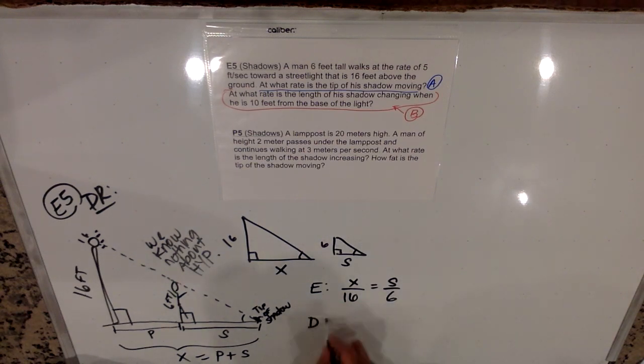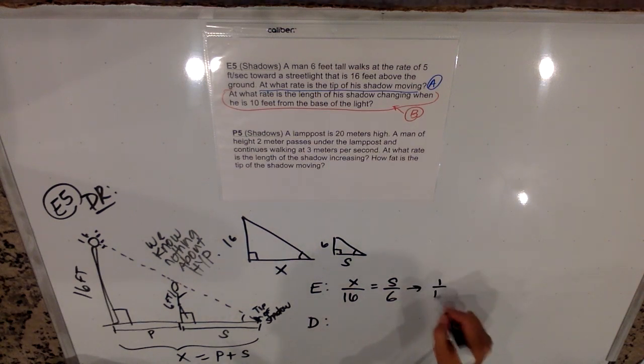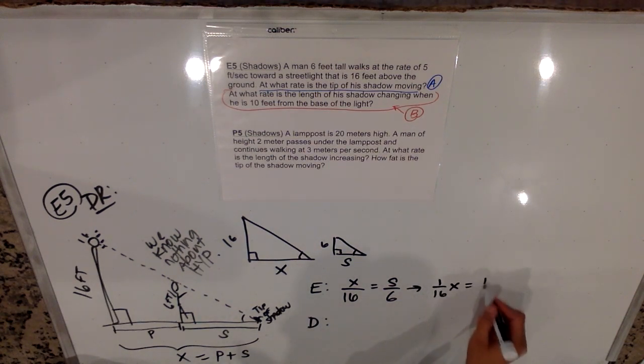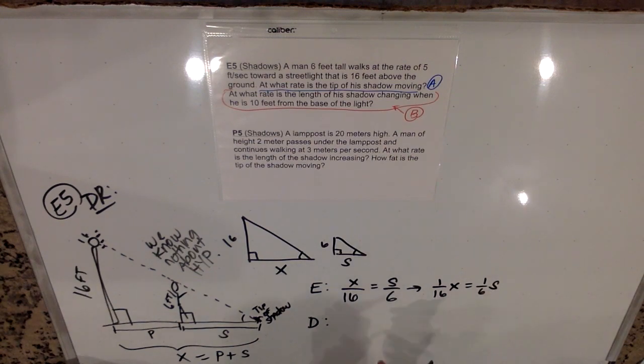So when I differentiate, if it helps you see it a little better, you can make this a 1/16 in front of the X equals a 1/6 in front of the S. So when I differentiate, I'm going to get 1/16 dx/dt equals 1/6 ds/dt.